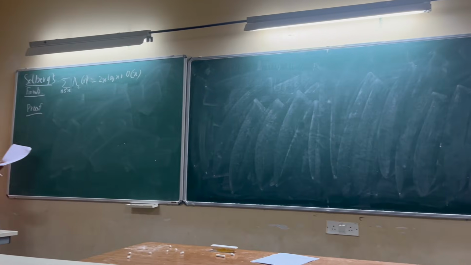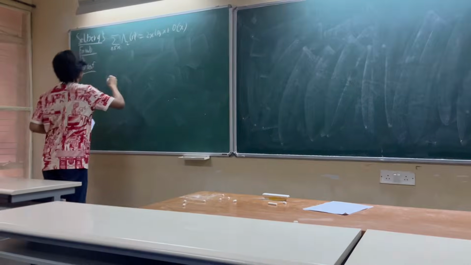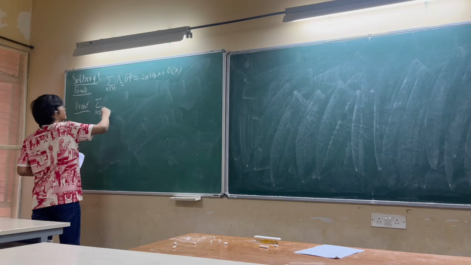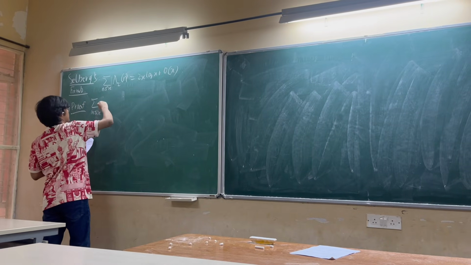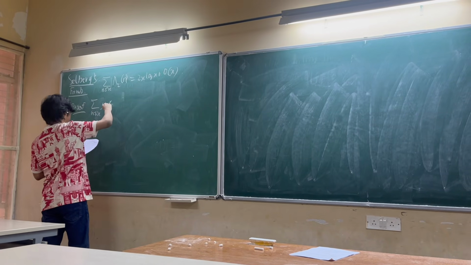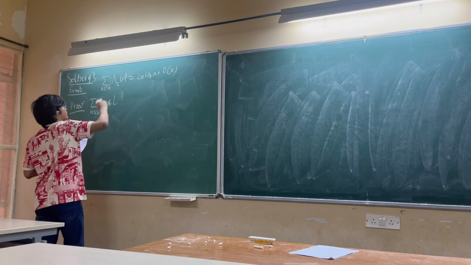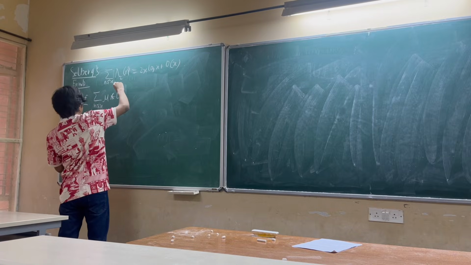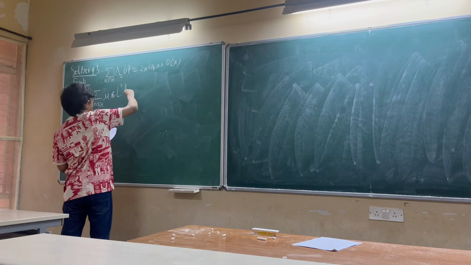This involves using the identity that we had written on that board before coming here. So we directly write this as, first we use the definition that lambda 2 of n is basically mu convoluted with log squared of n.